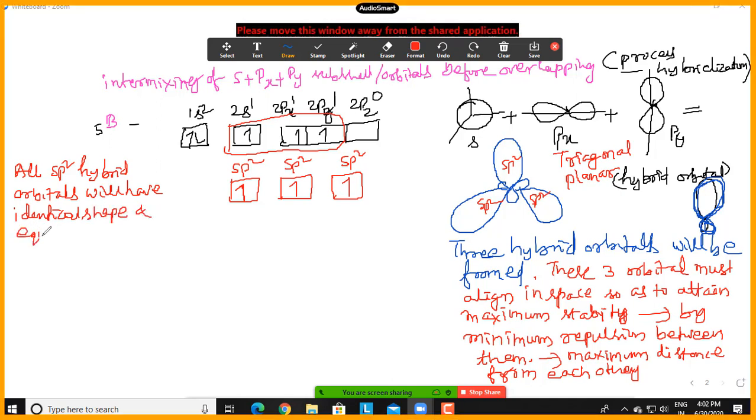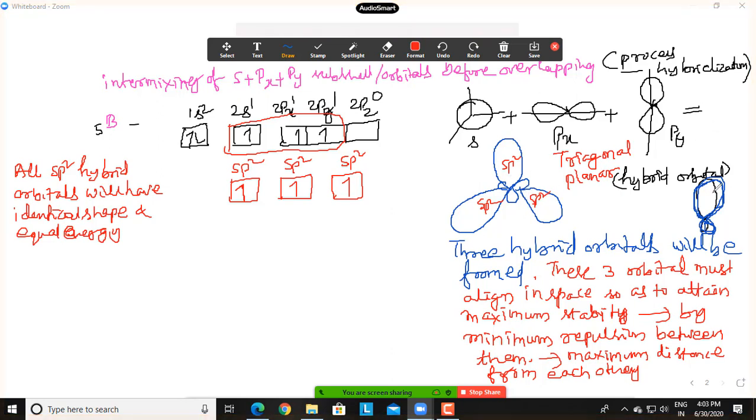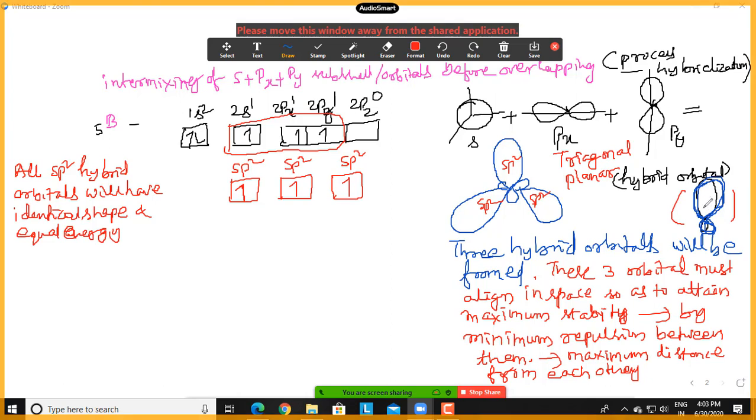Why like this? Because after mixing they are divided among the three, so they will have identical shape and equal energy. Their shape will be different from the orbitals taking part in hybridization; some similar characteristics are retained, but exactly the same shape won't be there, it will be changed. This is the shape of any hybrid orbital, it will be more or less the same, but the nature is like this.